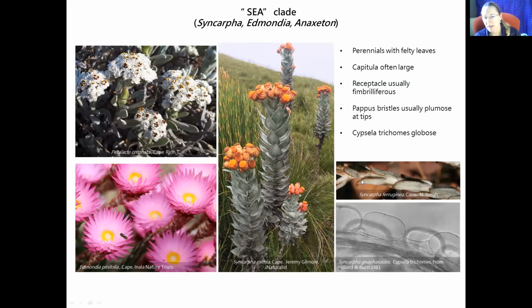The leaf margins can have these rust-colored hairs in the genus Syncarpha. They generally have fimbrilliferous receptacles and pappus bristles that can be plumose at the tips. And in Syncarpha and some of the related genera, the cypsela trichomes are very rounded and globose and have quite an unusual cellular structure.